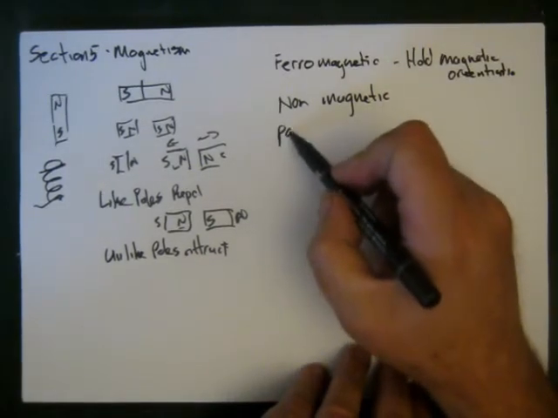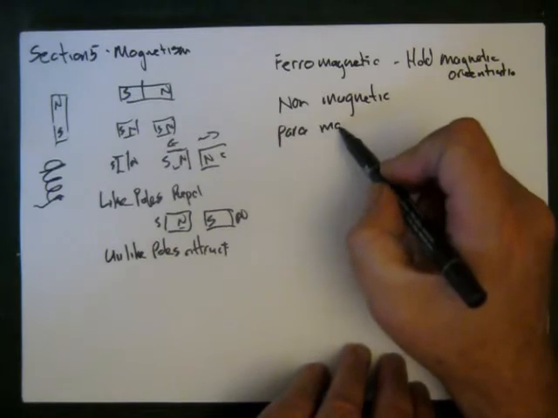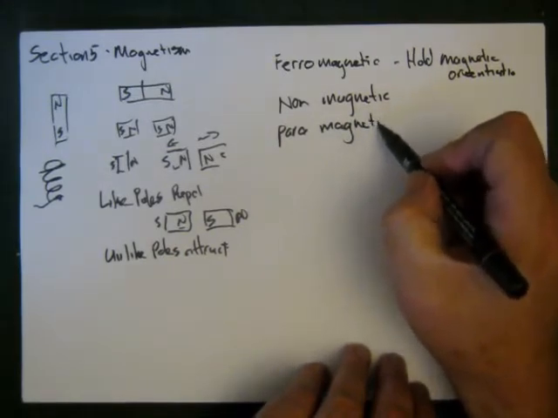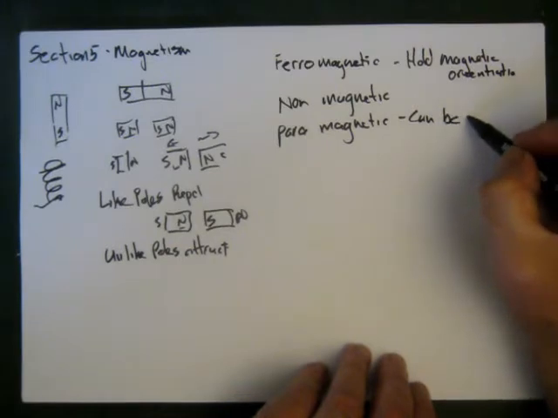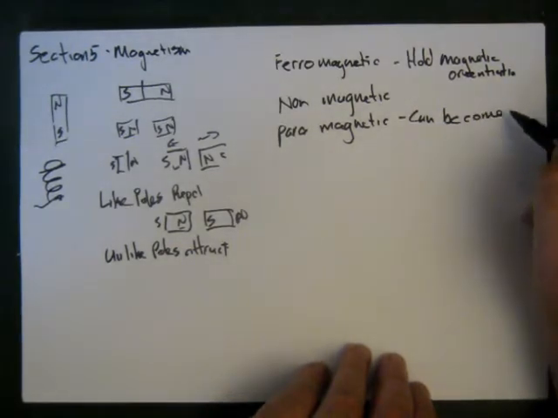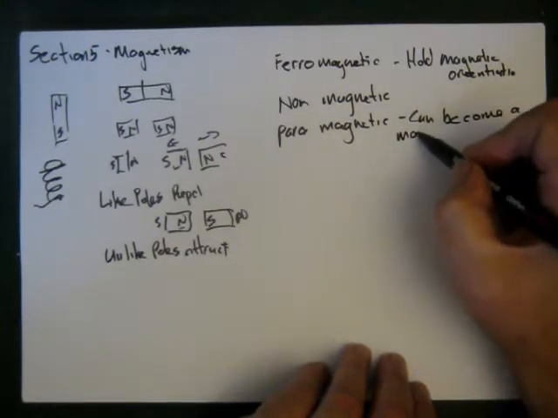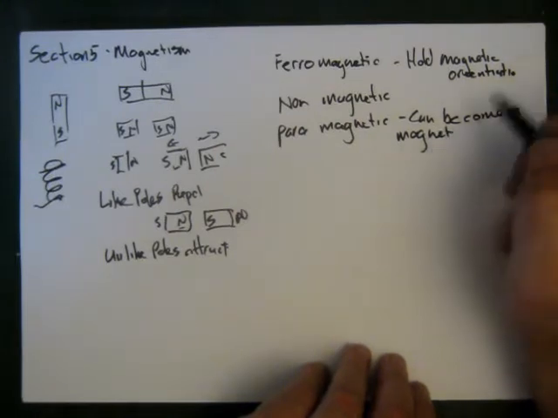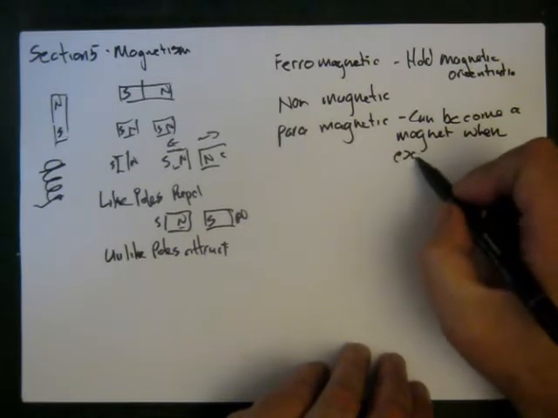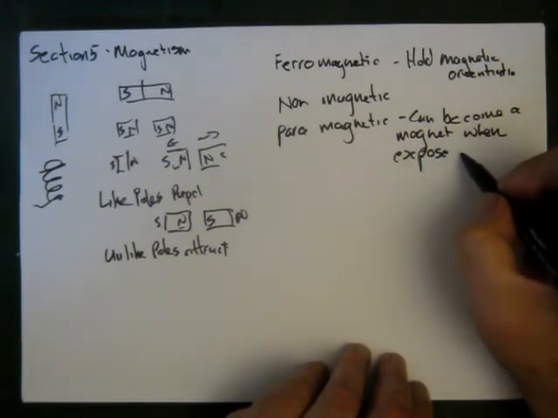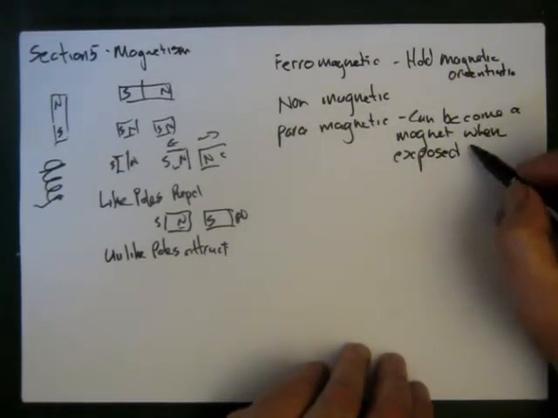You also get paramagnetic, which can become a magnet when exposed to a magnetic field. But we're only going to be really worried about ferromagnetic at the moment.